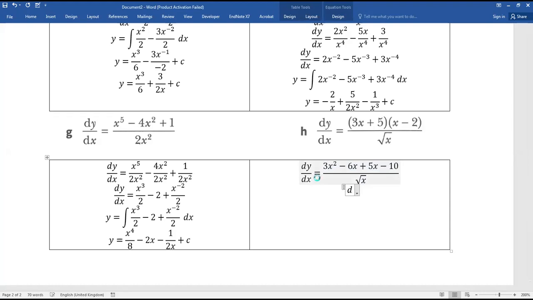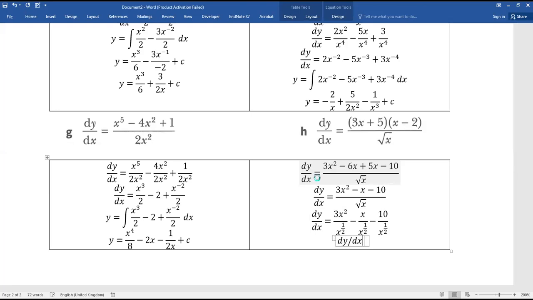And then you simplify it, it is equal to 3x squared minus x minus 10, and the entire thing upon x power half, minus x upon x power half, minus 10 upon x power half.